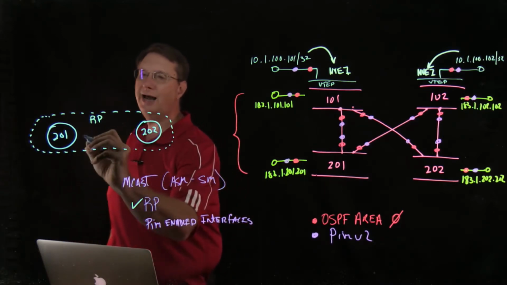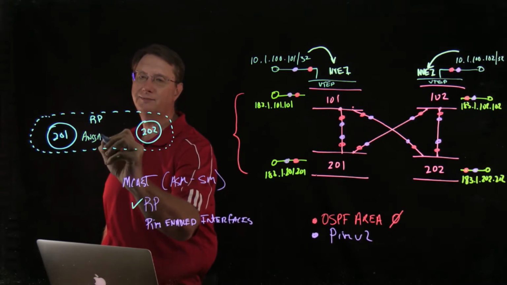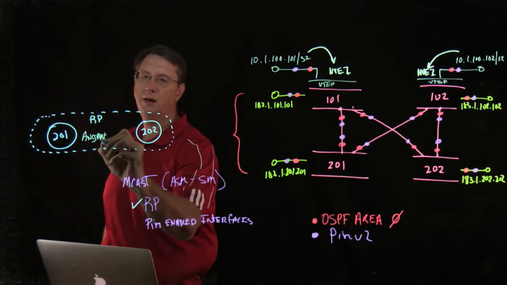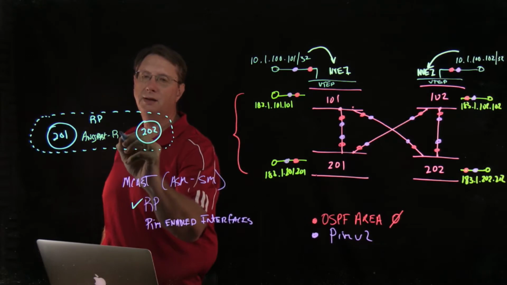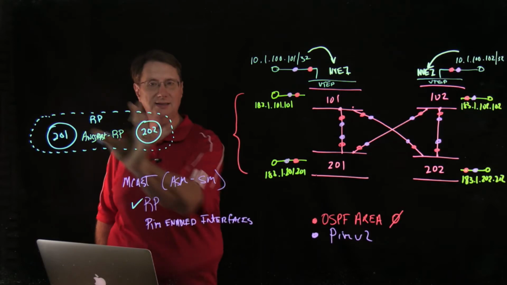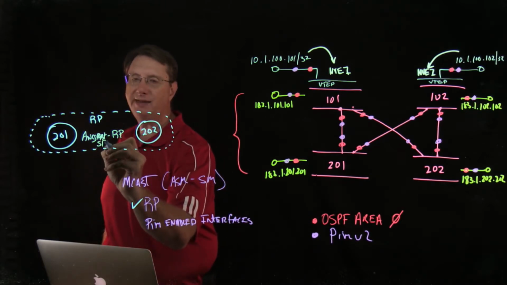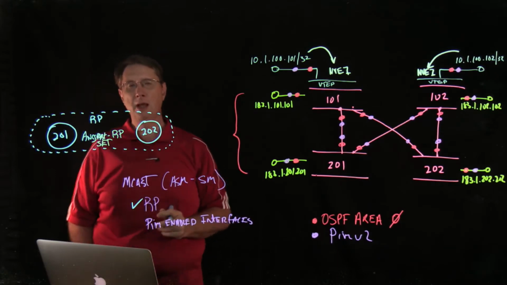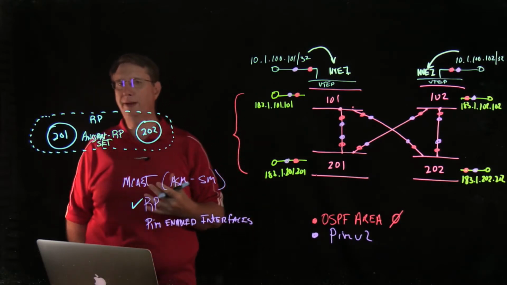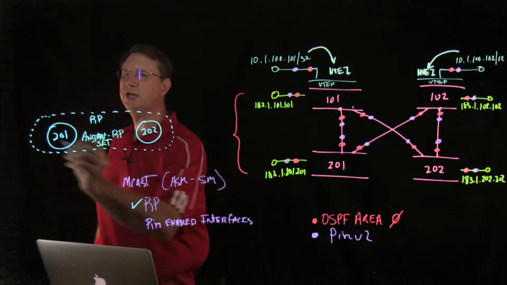But what I want to do is configure something called an Anycast RP, and we're going to make reference to these resources acting in this Anycast RP environment by creating an Anycast RP set. Now, in order to make this work I need some interfaces. So we're going to create two sets of interfaces.